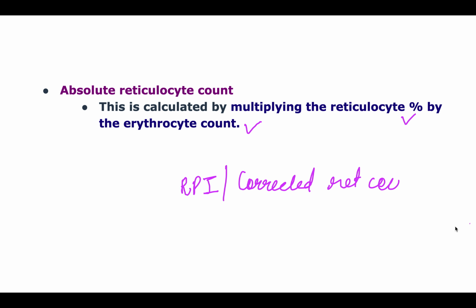In a patient who is very anemic, we want to give a corrected reticulocyte count, because more reticulocytes from the bone marrow are pushed to the peripheral smear. It is not an actual increase in reticulocytes, it is just a shift reticulocytosis. So we give a corrected retic count, in which we multiply the reticulocyte count with the hematocrit of the patient and divide it by the hematocrit of the normal person for that age and sex.